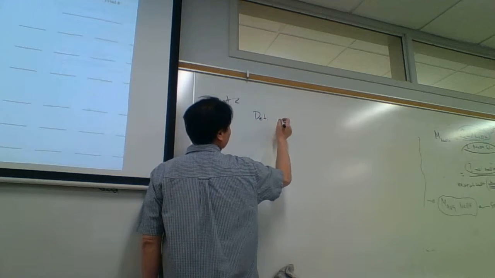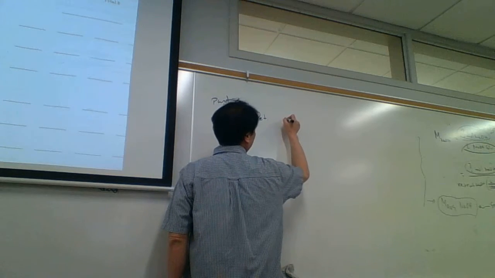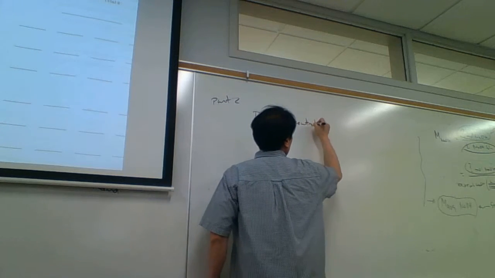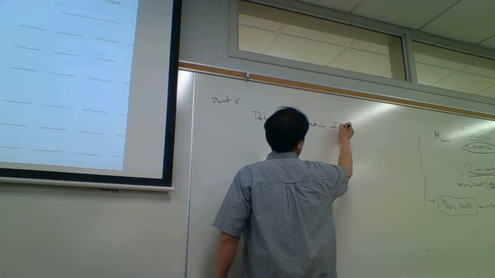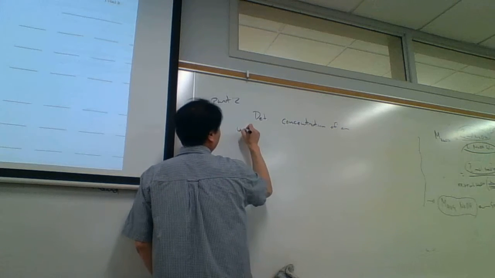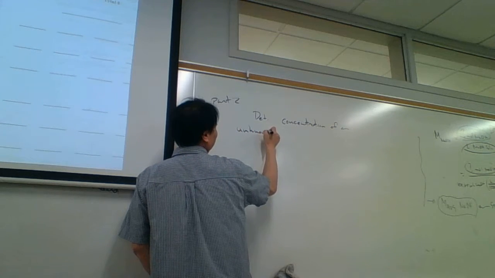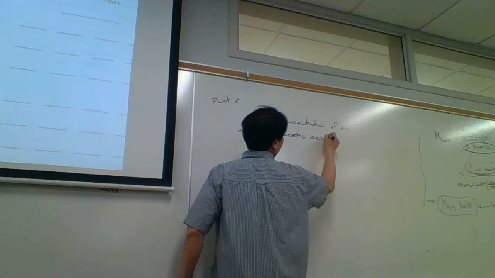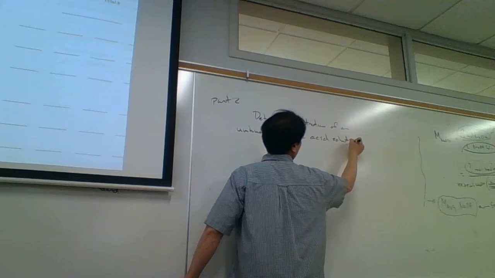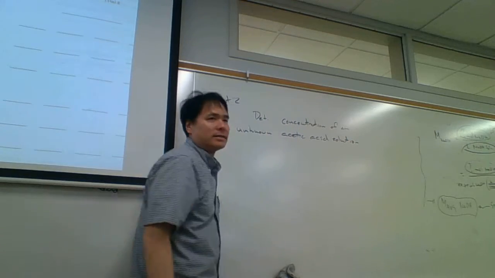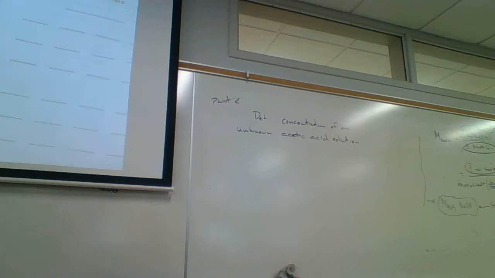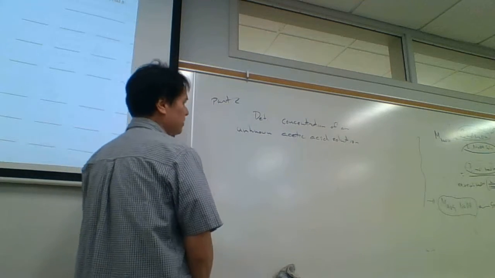And so in part 2, we're going to determine the composition or the concentration of an unknown acetic acid solution. Acetic acid is vinegar, so oftentimes this would be used to analyze the composition of vinegar solutions.